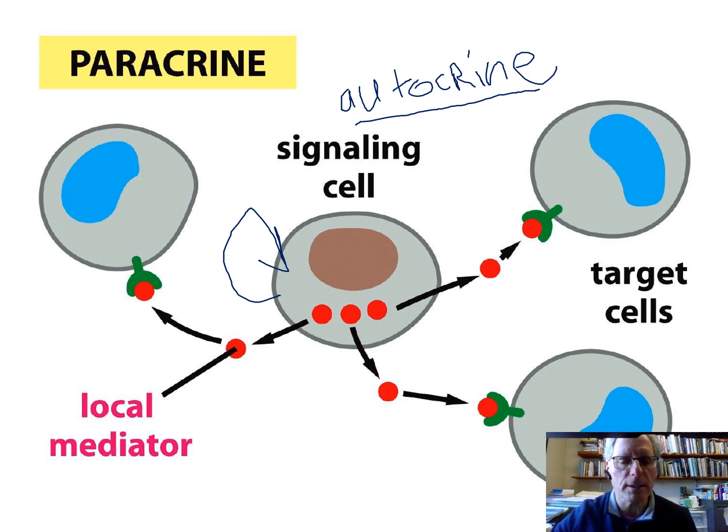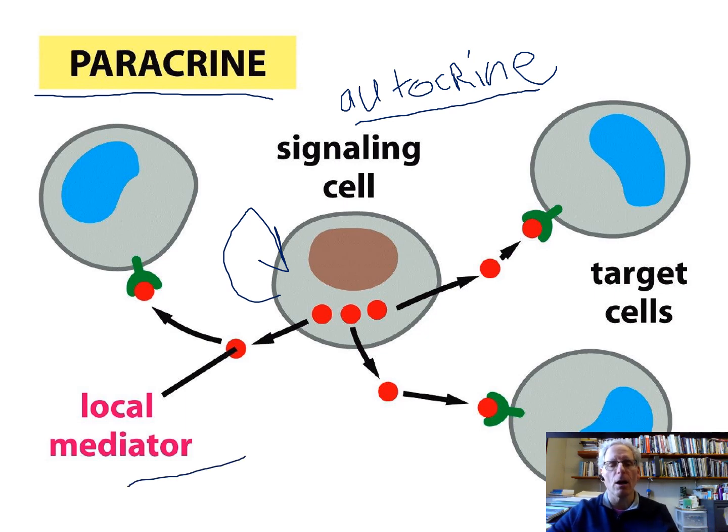More commonly, cells will receive signals from other cells. Small molecules will diffuse through the medium, bind to receptors, and activate recipient cells. This is called paracrine signaling. Paracrine signaling is typically over a short distance. This type of signaling, whereby the molecule is dumped into the bloodstream so that it's carried a long distance and then activates cells far away, that's endocrine signaling.